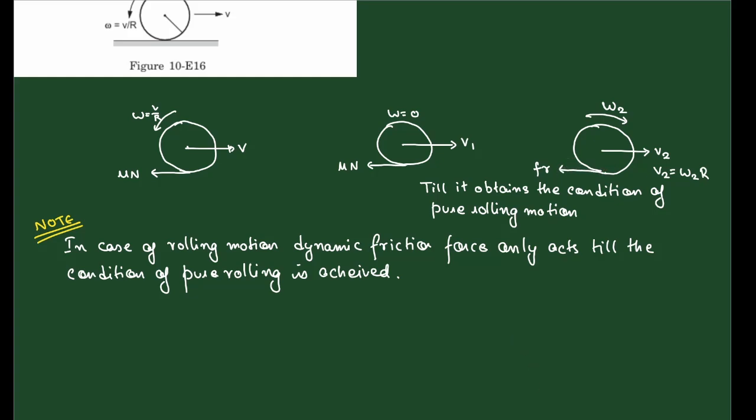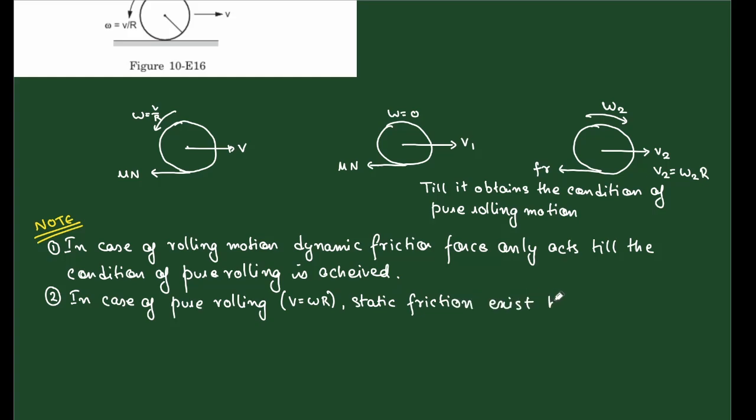Remember this one. In case of pure rolling motion, where V is equal to omega R, static friction force exists, but the work done by static friction is zero.